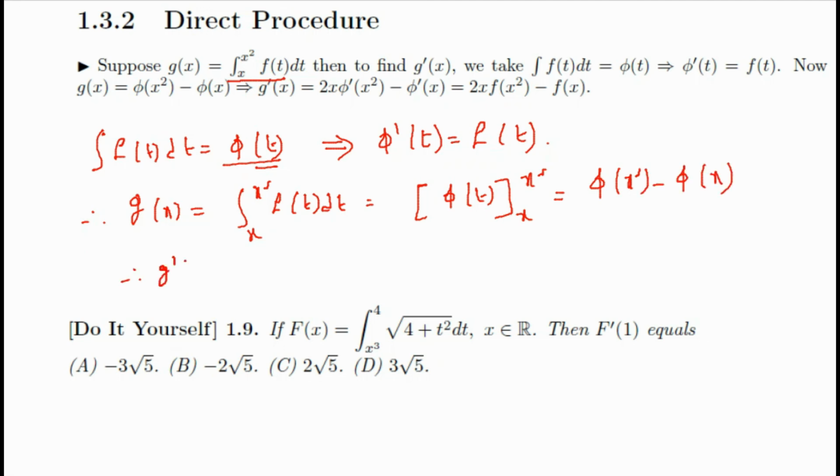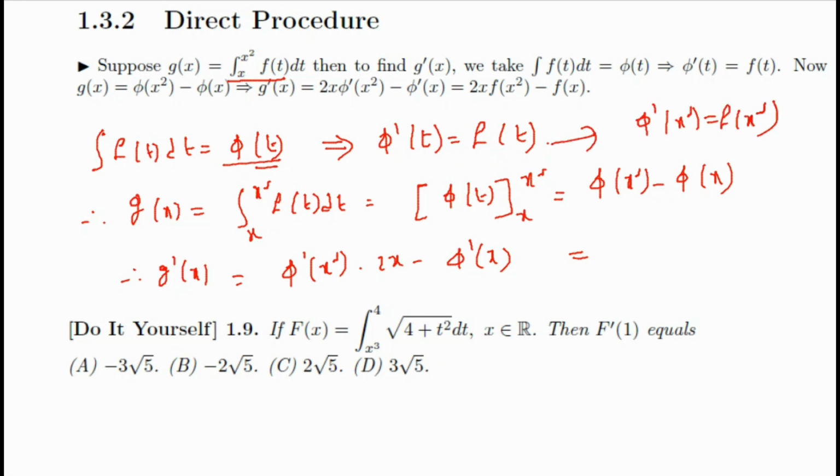Therefore g dash x equals phi dash x square into 2x minus phi dash x. Again phi dash x square equals f of x square, and phi dash x is also f of x. So just 2x f of x square minus f of x. That's the formula.